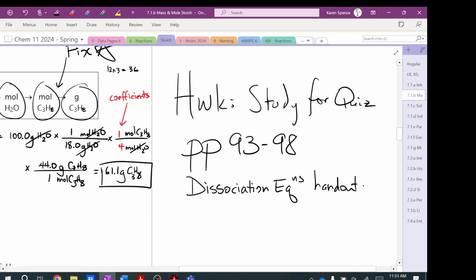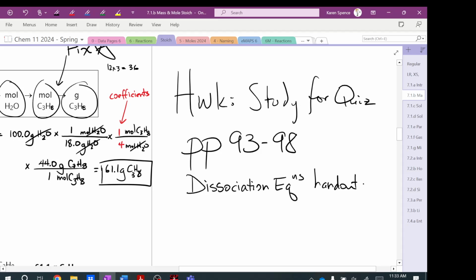And if you're like, I am all studied out for that, tomorrow's homework is going to be pages 102, 103, and page 107. And this is all in the blue book.